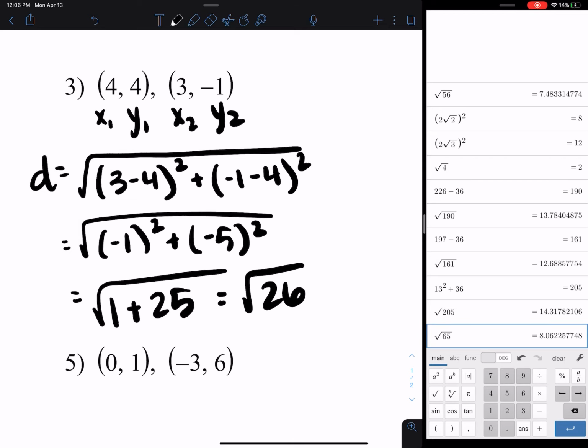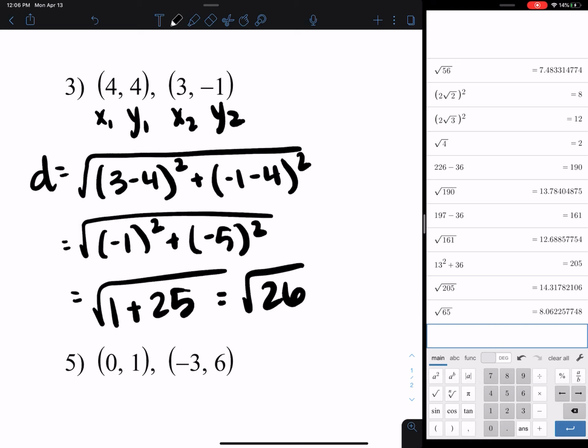And one thing I want to make sure that you guys do is, if you do -5 squared in the calculator, it's going to tell you it's -25, because it thinks what you're saying is -(5 squared). 5 squared is 25, and so it makes it negative.